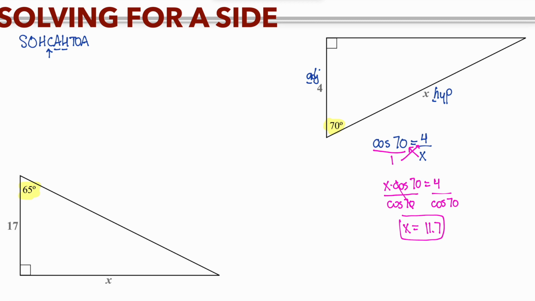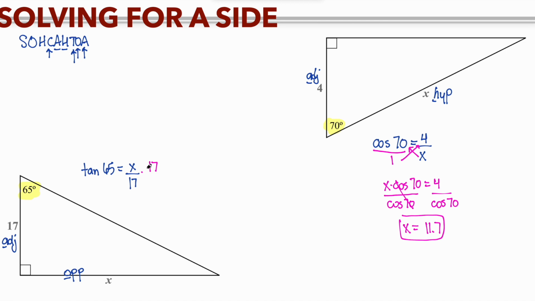According to this angle, this is my opposite side, and this is my adjacent. So O and A is going to be my tangent. So tangent of my angle is my opposite divided by my adjacent.